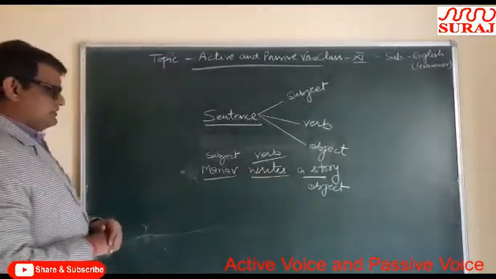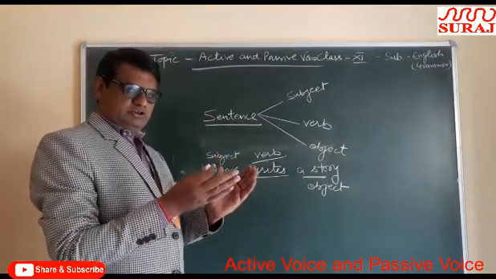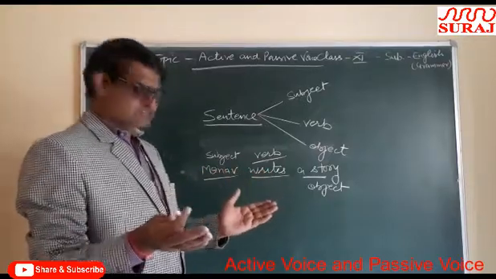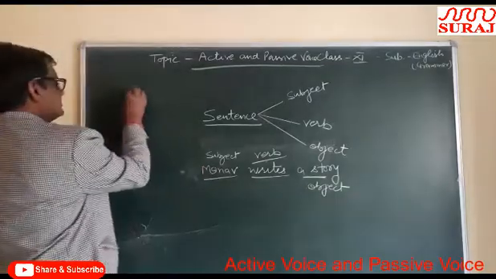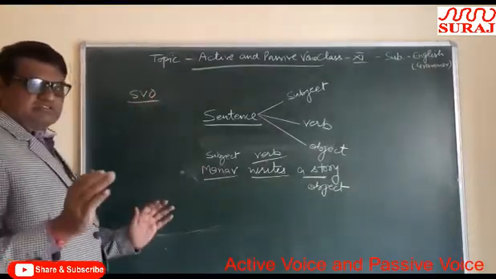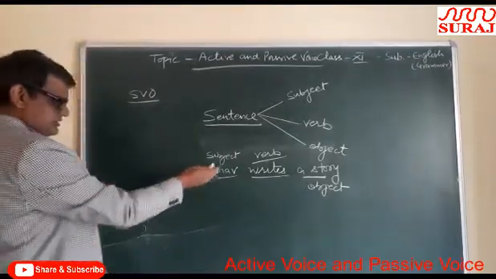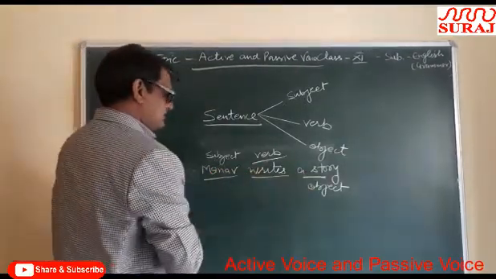So dear students, while converting a sentence of active voice into passive voice, there are certain rules. First of all, you will identify the subject, verb and object in the original sentence. We have already identified them in this sentence.